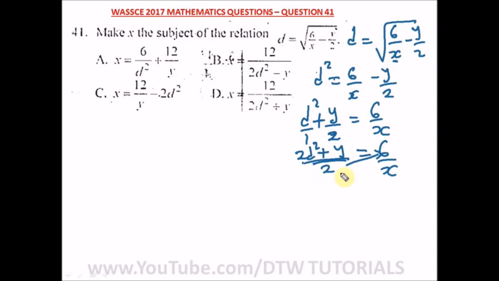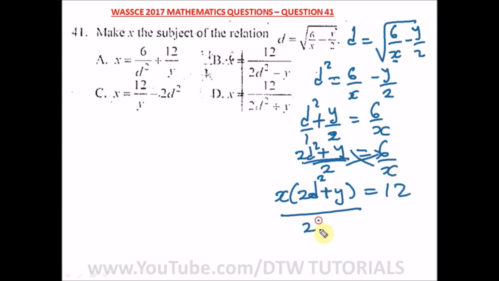Or better still, let's solve it together so you don't get confused. I'm going to take x here, cross multiplying: x times 2d squared plus y equals 2 times 6, which is 12. To get x, we'll just divide both sides by 2d squared plus y.